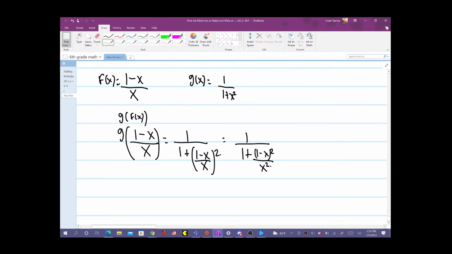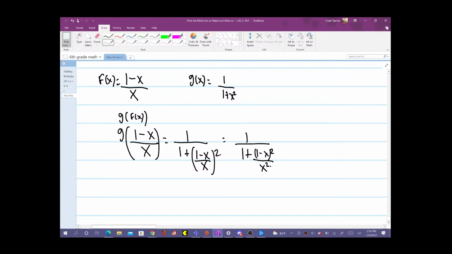If you simplify this, this is what you get. You get a squared over b squared, right? So basically you have 1 over 1 plus (1 minus x) squared over x squared.